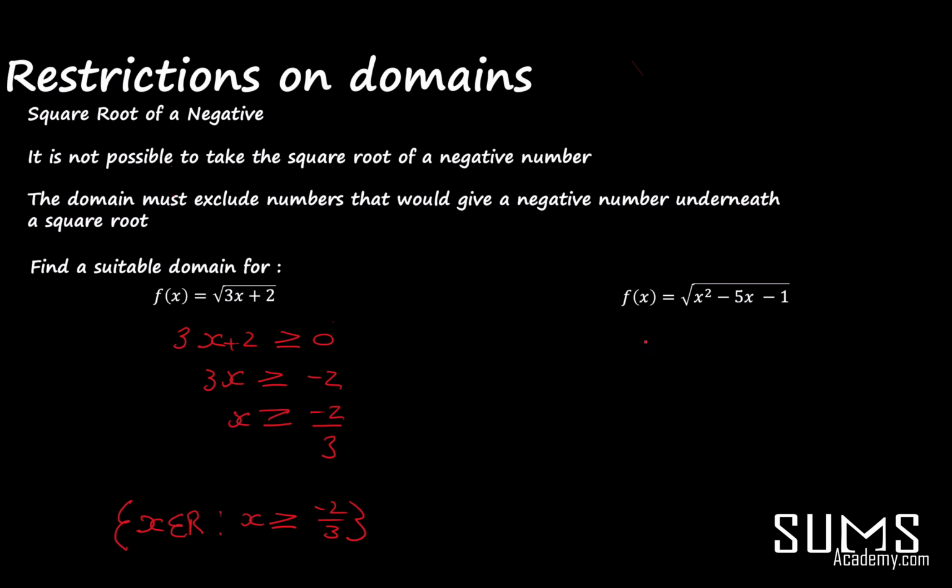I'm going to do the same thing over here. So you have x squared minus 5x minus 1 has to be greater than or equal to 0. Then we have to factorize this.